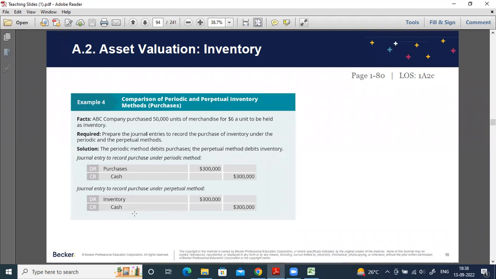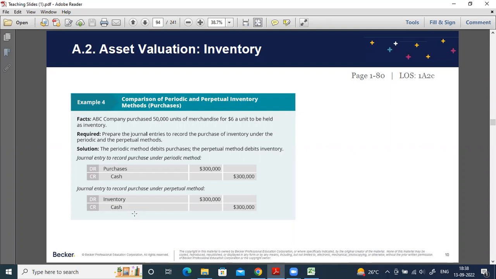One of the most commonly asked questions: journal entry for inventory purchases under perpetual method and journal entry for inventory purchases under periodic method. If it is a periodic method, the journal entry which we make will be purchases to cash. The reason is that the physical count will be done at the end of the period only.